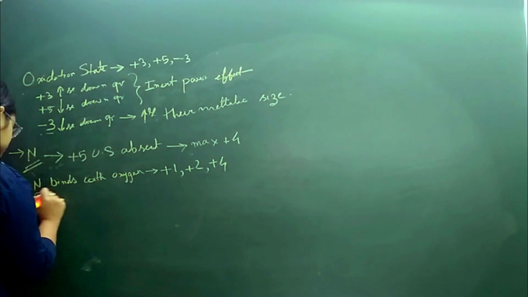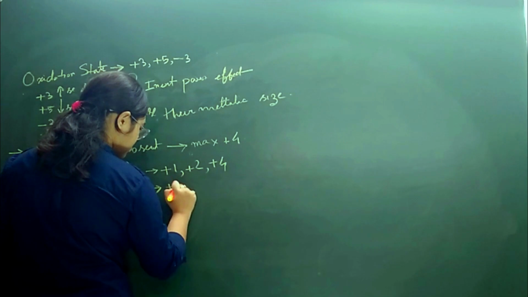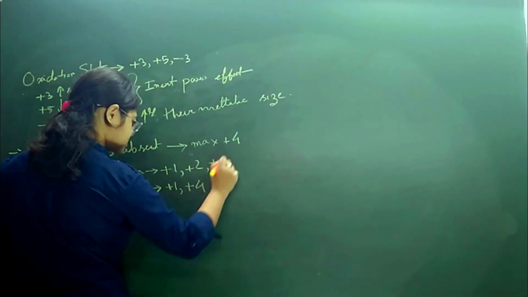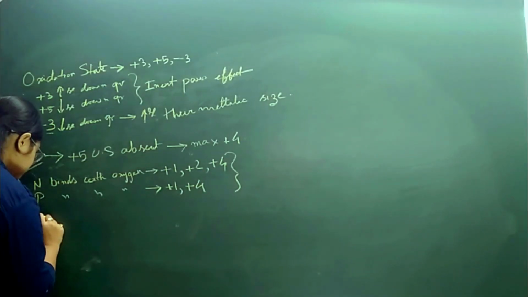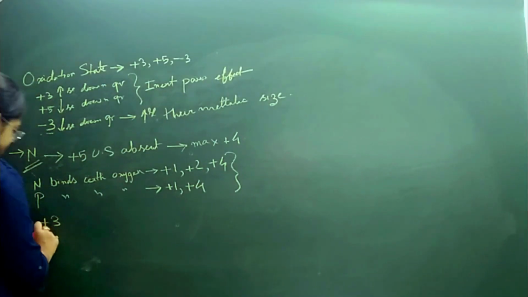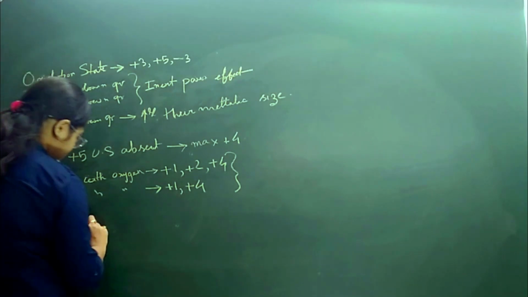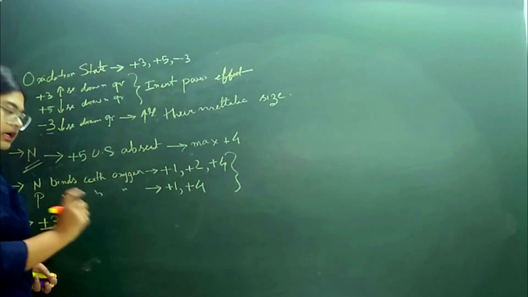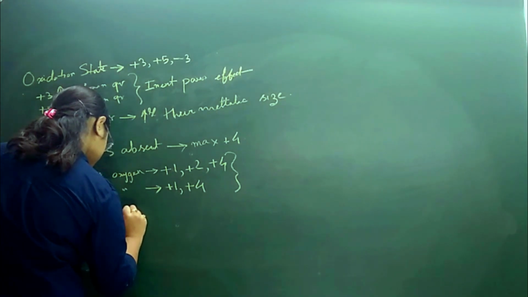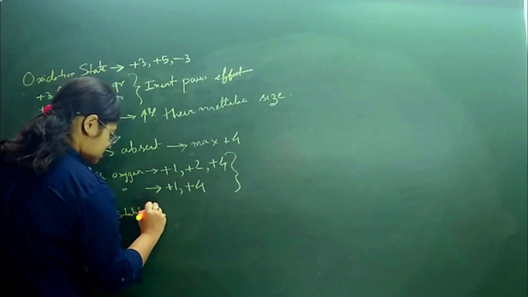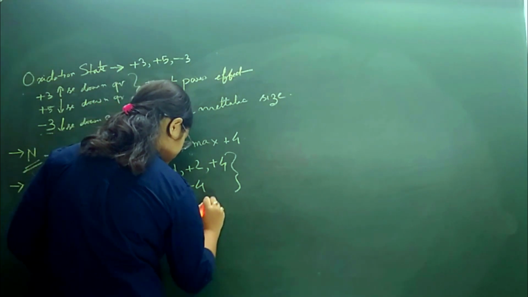And when phosphorus binds with oxygen, it shows +1 and +4 oxidation states. As the +3 oxidation state increases down the group, +3 is much more stable in arsenic, antimony and bismuth.